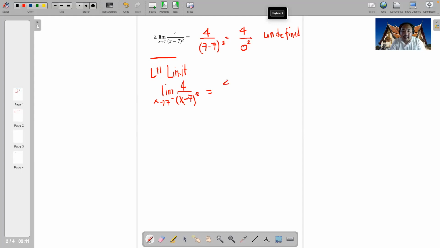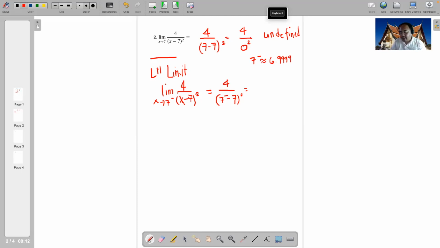Sir, that will give us 4 divided by 7 from the left minus 7 squared. All right. Sir, what is 7 from the left? So let's put a face to this number. Let's say 7 from the left, we are talking about 6.9999.